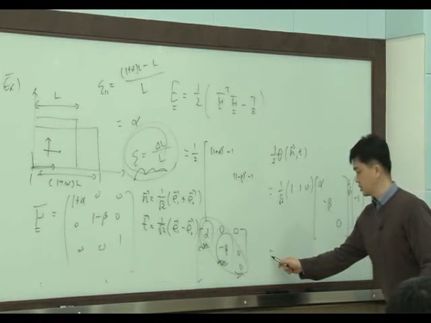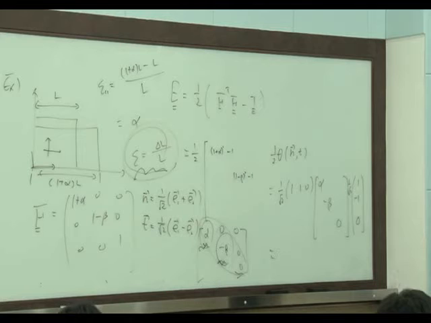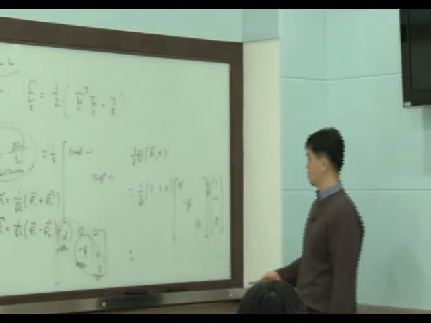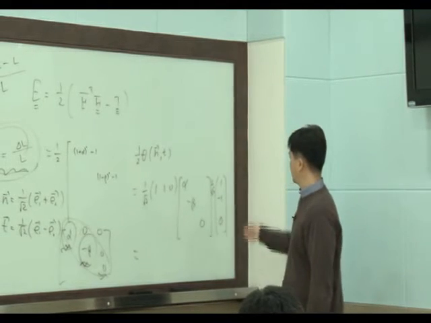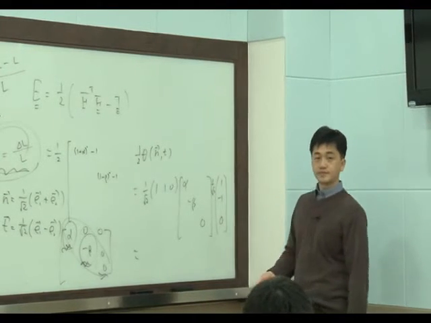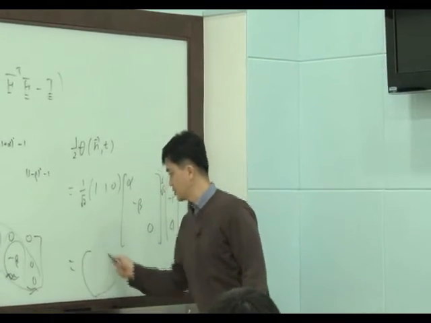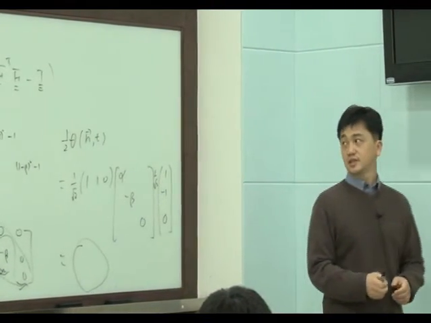What's the result of this? Is this 0 or not? Can you calculate this? What's the answer? You need to have some number here. That's half of the angle change.